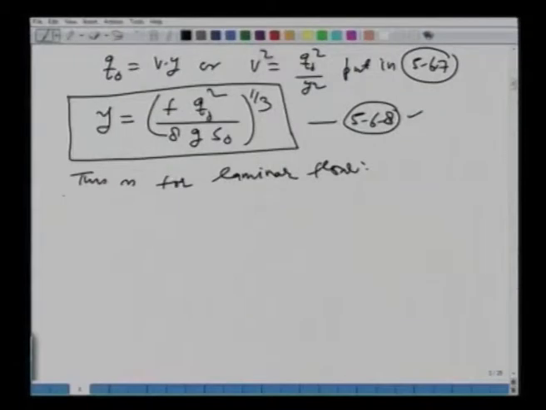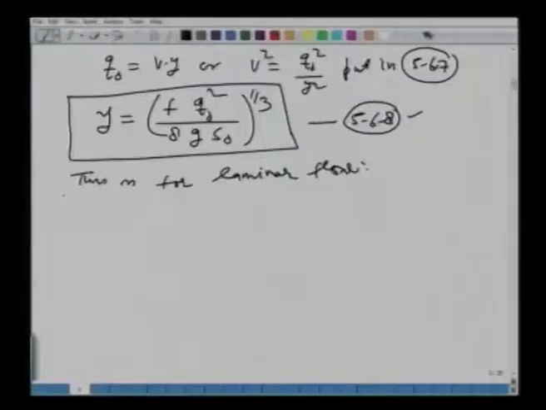So, what we will do is develop an expression which is most general, in which we can utilize this under certain conditions as the laminar flow condition and under other conditions as the turbulent flow condition. So, the next thing we are going to look at is the expression for laminar and turbulent, the same general expression, for sheet flow.